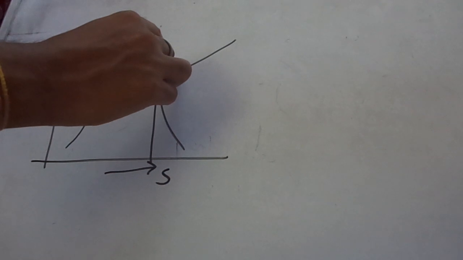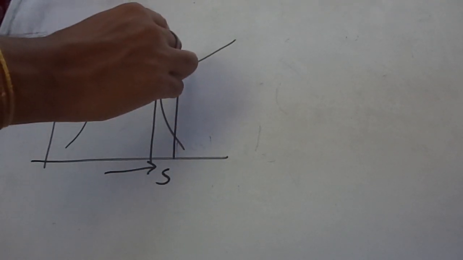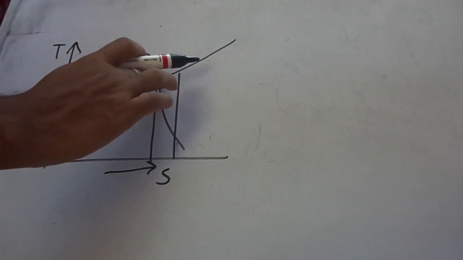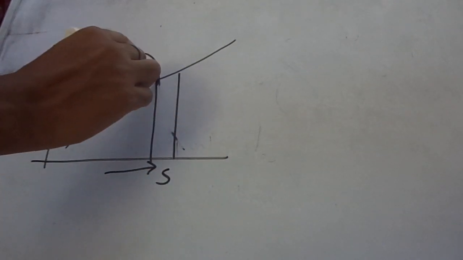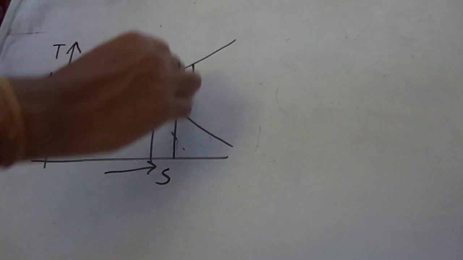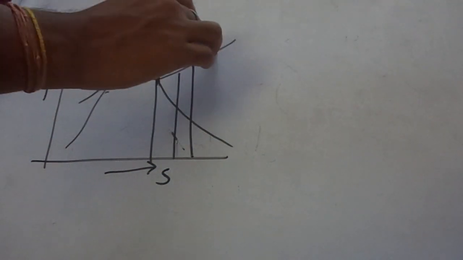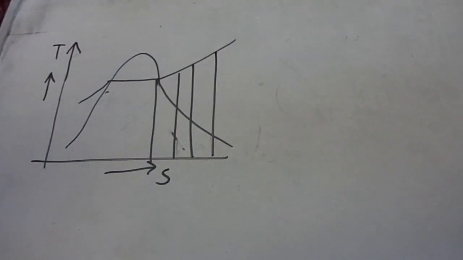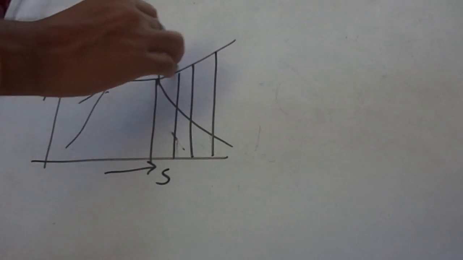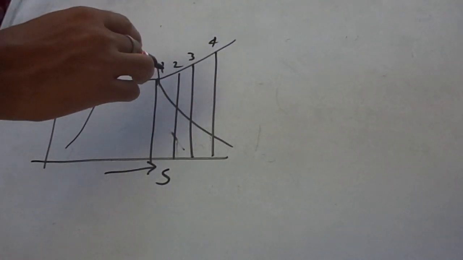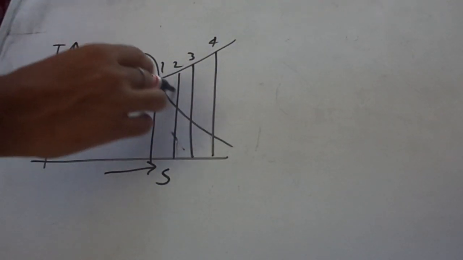Draw another vertical line, and another one. And 1, 2, 3, 4. And different hatching.